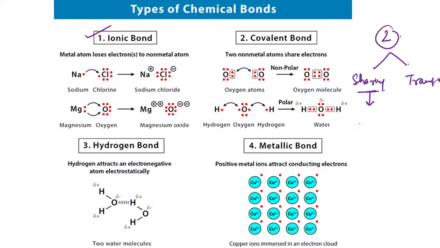In the sharing of electrons, you have the formation of covalent bonds. In the transfer of electrons, you have the formation of non-covalent bonds, right? Covalent bonds are stronger in nature. Why are they stronger? Because the electron is getting shared with the other one.